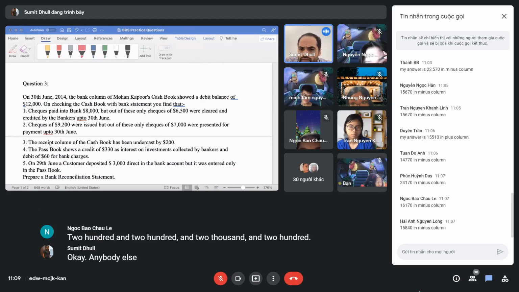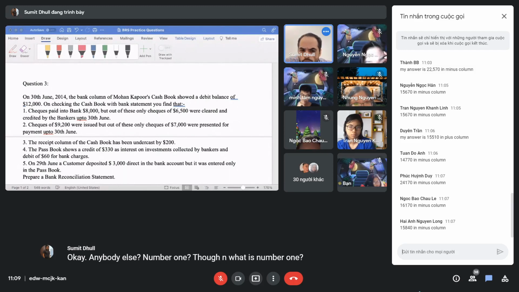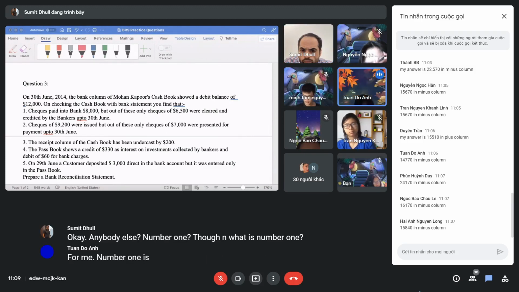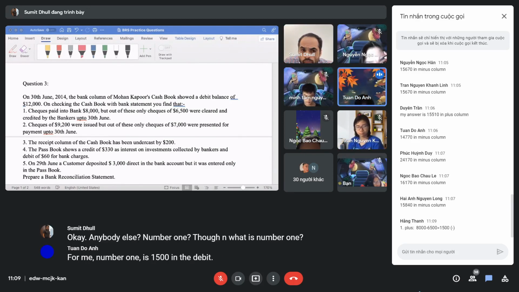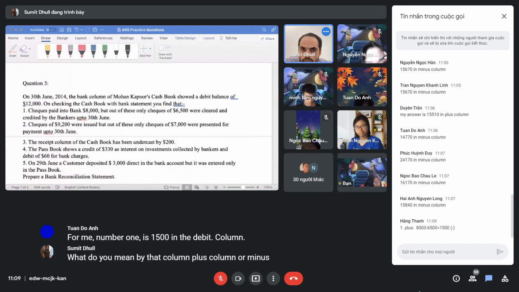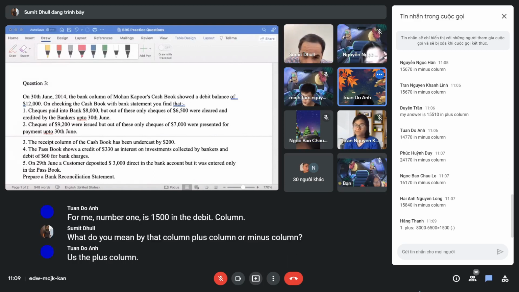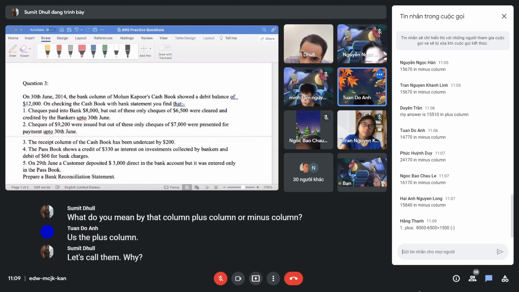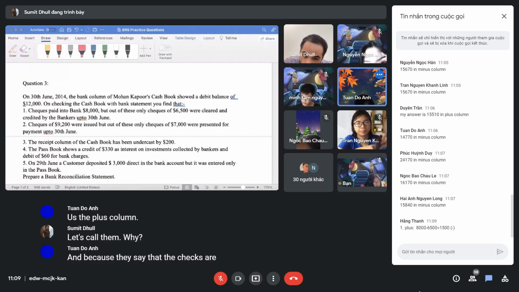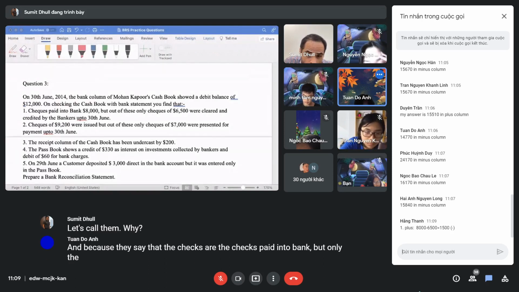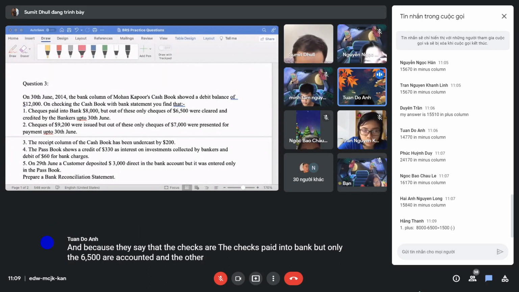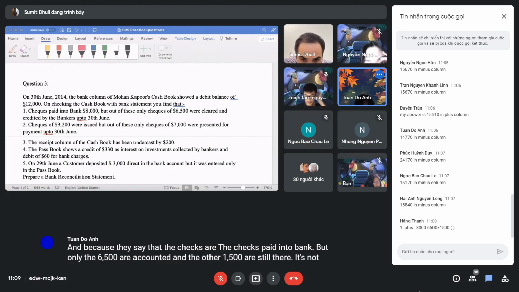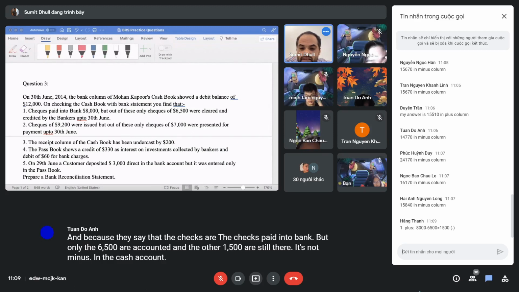Anybody else? Number one. Do An, what is number one? For me, number one is 1,500 in the debit column. What do you mean by debit column? Plus column or minus column? The plus column. Why? Because they said the checks paid into bank, but only the 6,500 are accounted, and the other 1,500 are still there. Why plus?